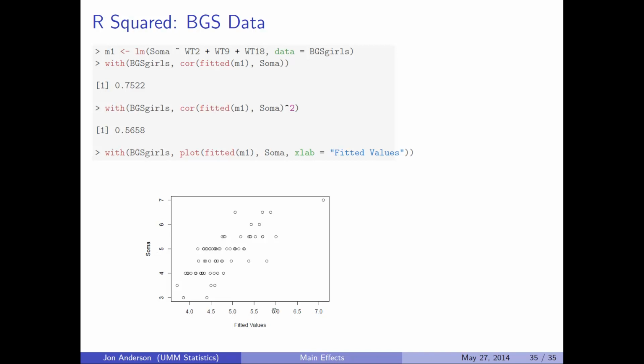These are the Y hats down here. And you can see that the Y hats are a pretty good representation for the actual soma values. And so this is a suggestion that this model is fairly effective. The model predictions are reasonably matching the actual soma values. Let me know if you have questions.